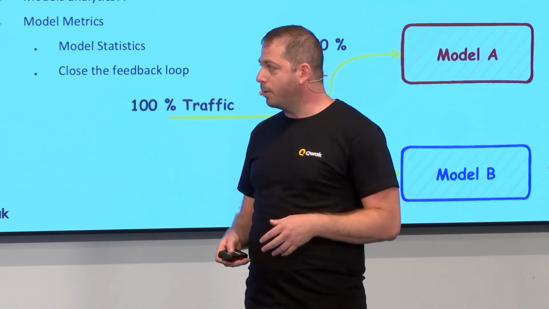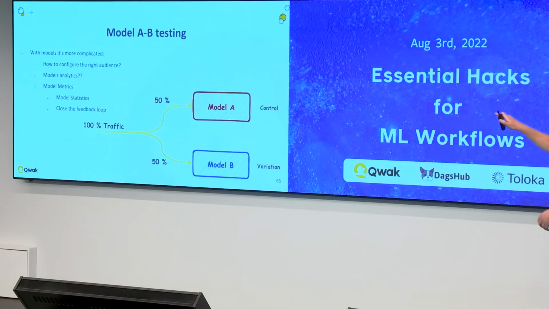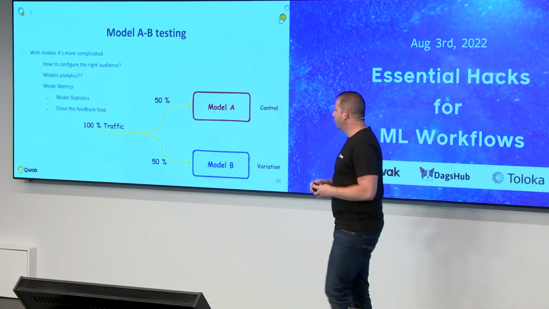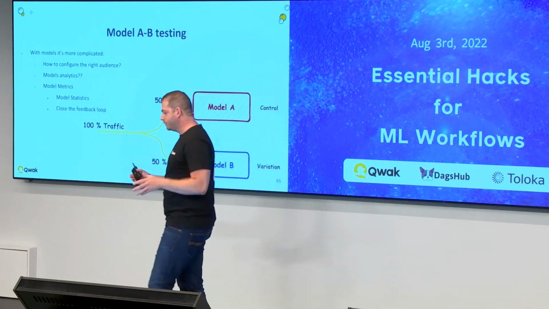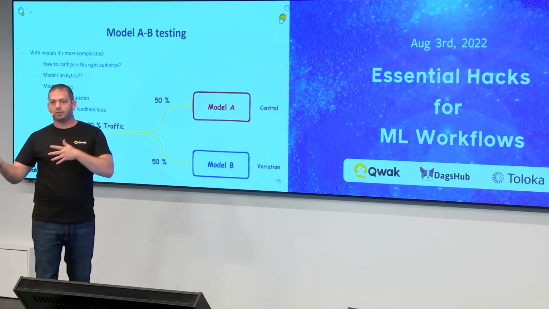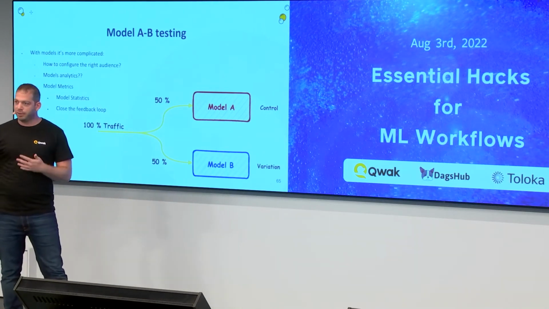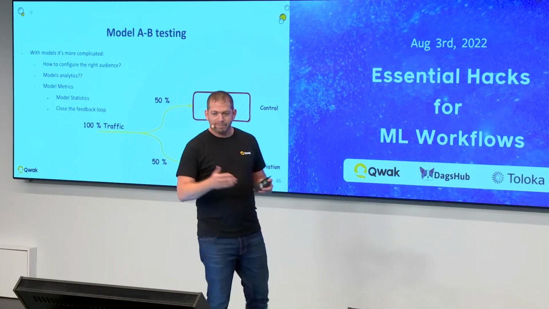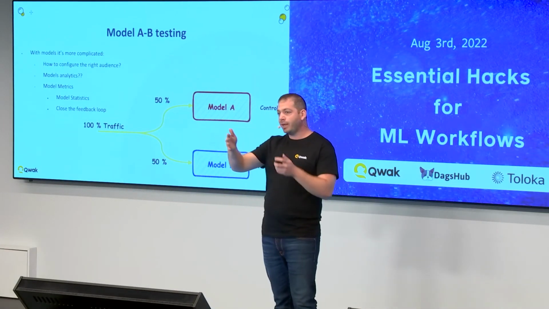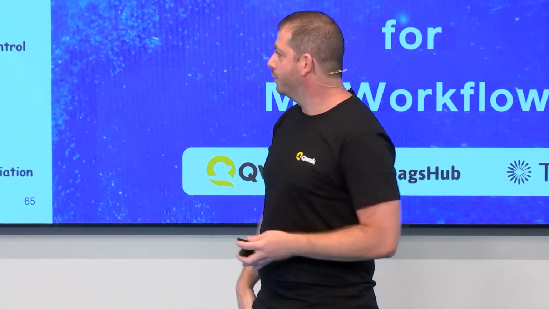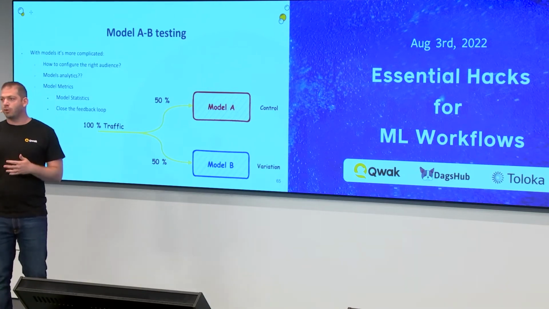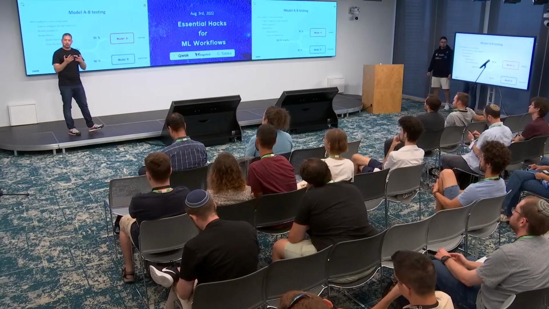The last topic that I want to talk about is a bit more about A/B testing, because this is a topic that we are seeing more and more, and it's not just moving traffic from one model to another. The thing with models, and that's a bit more complicated than, for example, A/B testing a UI, is that model metrics are quite complicated to actually calculate.